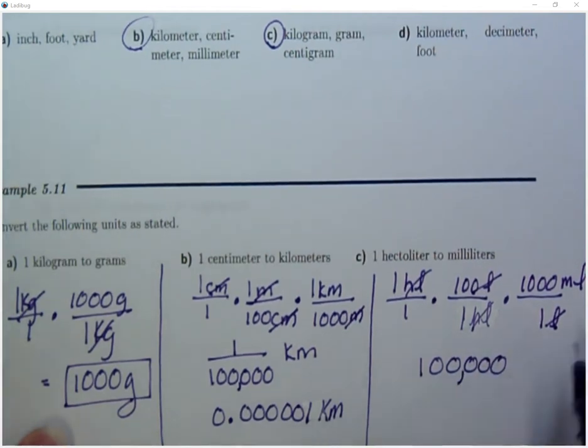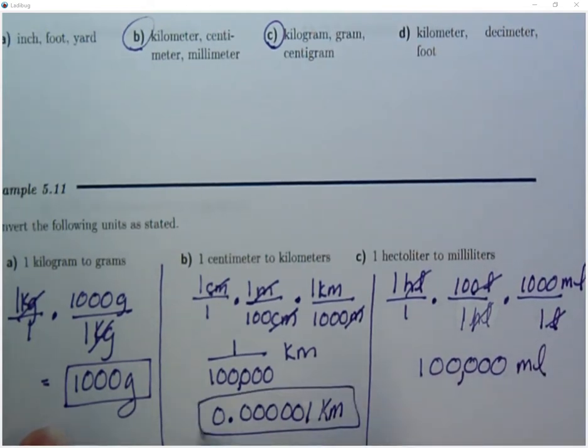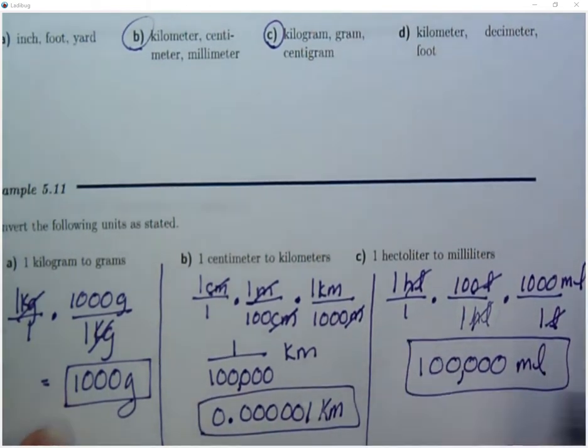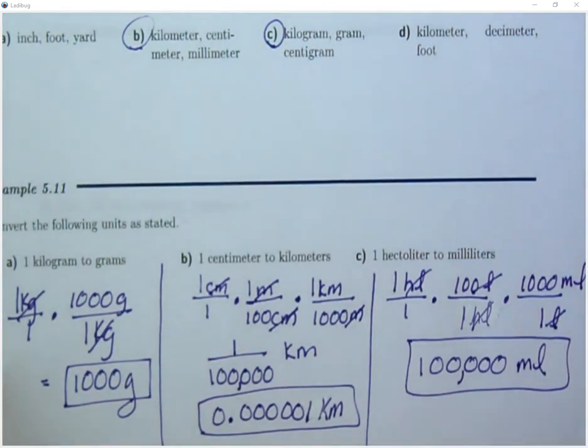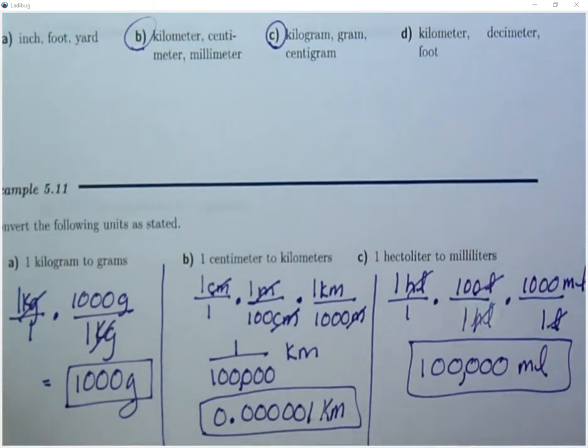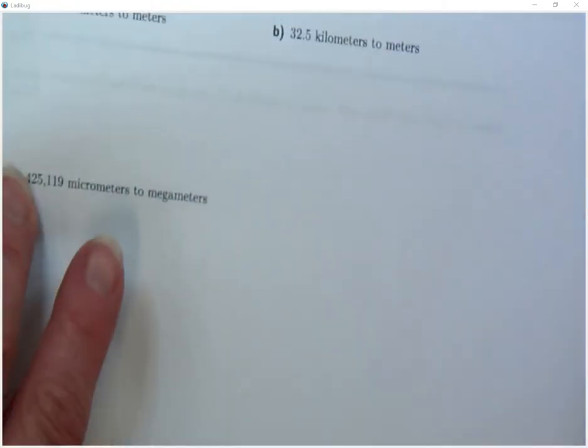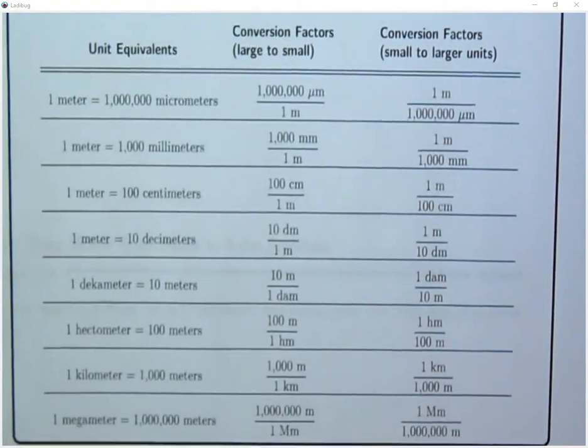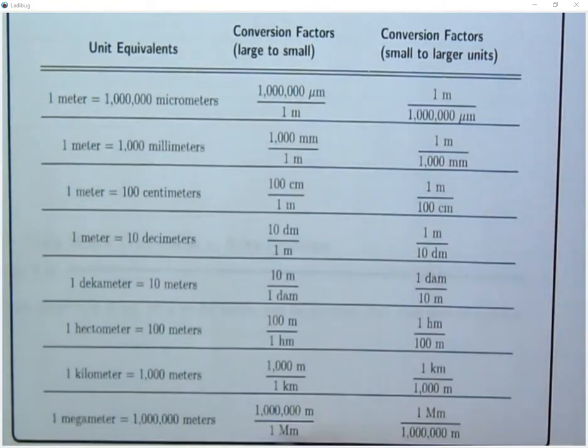So that's 100,000 milliliters. So a lot of times we don't need to do the unit conversion method, but if you choose to, all your conversions are right here.